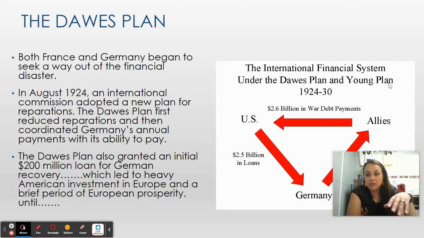The United States in the 1920s is experiencing the roaring 20s. We're living on a massive financial high after World War I. It is a huge economic boom, a huge cultural boom in the United States. And so the US is like, we've got the money, and we loan Germany 2.5 billion.